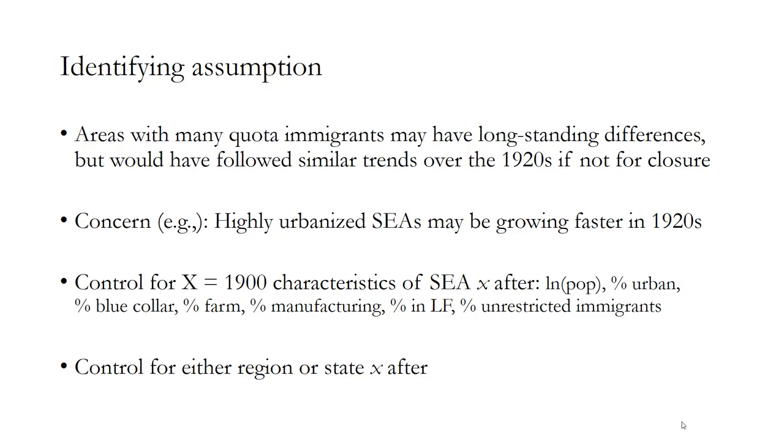The 1920s was also a period of rapid economic expansion targeted towards industrial areas. So there's a concern that especially highly urbanized SEAs could be growing faster over the 1920s for other reasons.